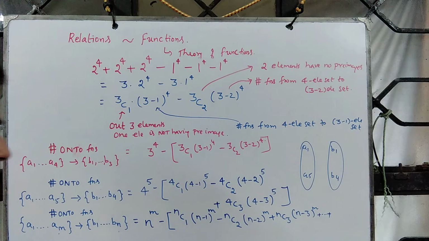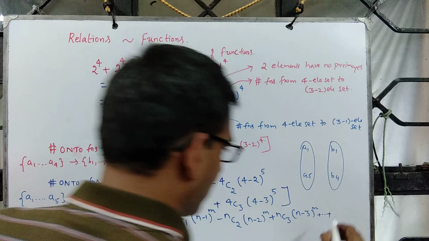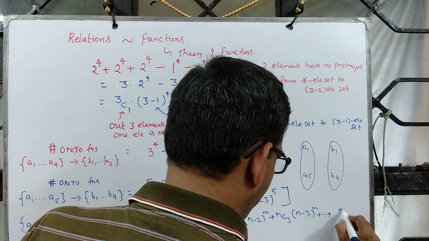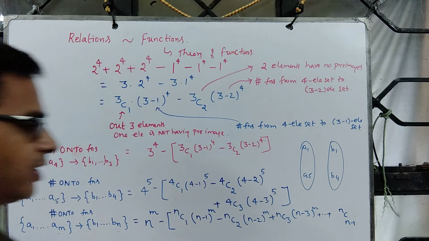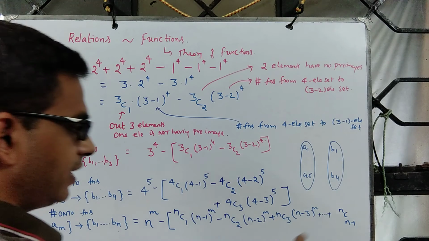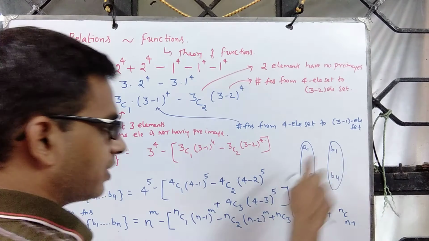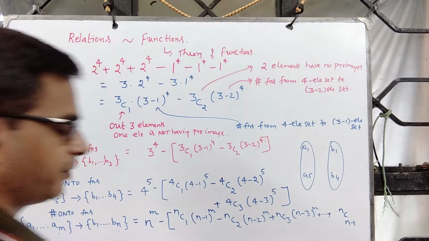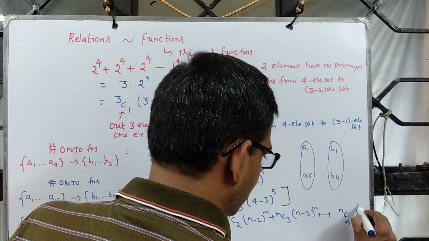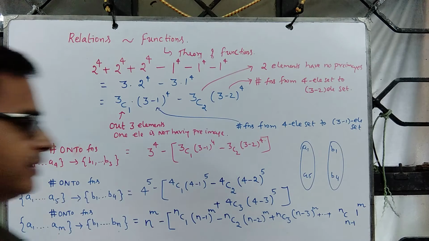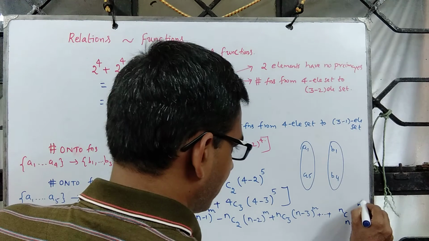Fine. Now when do we stop? Out of n choose n minus 1, n minus 1 elements are not having pre-images, so you are left with only one that will be mapped to this. Correct?